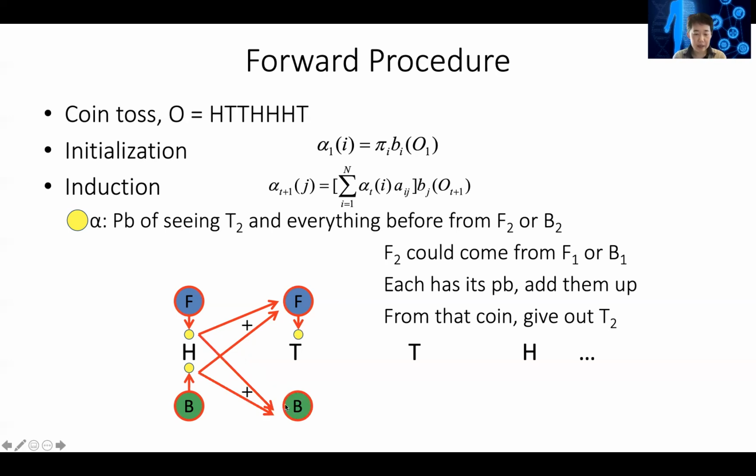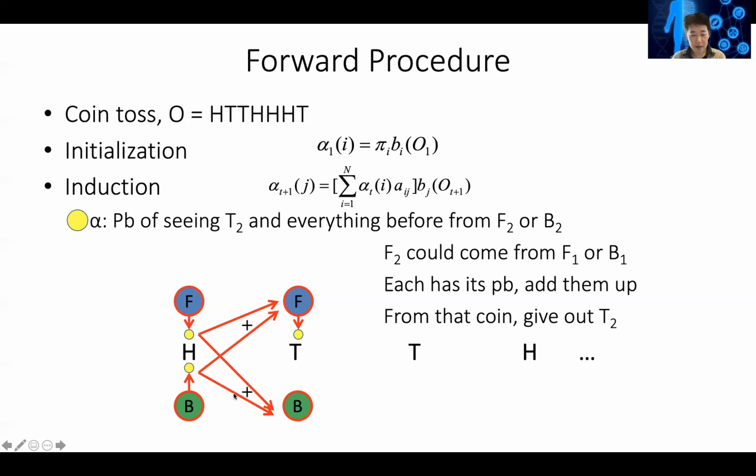What's the probability of using a biased coin in order to get a tail here and everything before? We say, okay, well, we know that in order to get anything before, if that previous coin was coming from a fair coin, we multiply this yellow alpha number here by the transition probability from the fair coin to the bias coin.